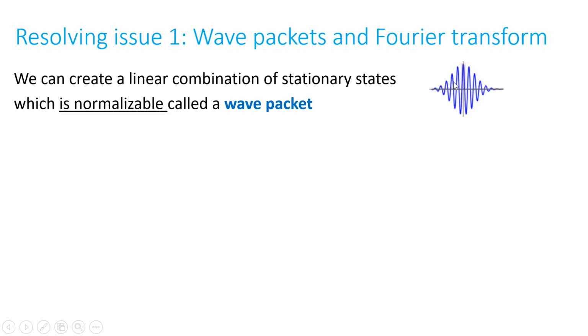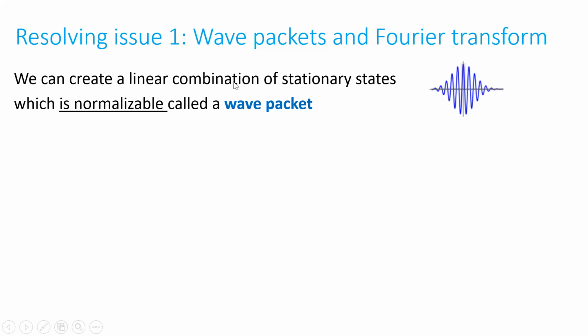You can see it does oscillate like the harmonic stationary state, but it doesn't continue indefinitely to infinity on either side. It just goes up and gradually its amplitude decreases. So it can be normalized because it doesn't continue indefinitely with non-decreasing amplitude. It's the linearity property of the Schrodinger equation that allows us to combine all these stationary states together and still get a solution.